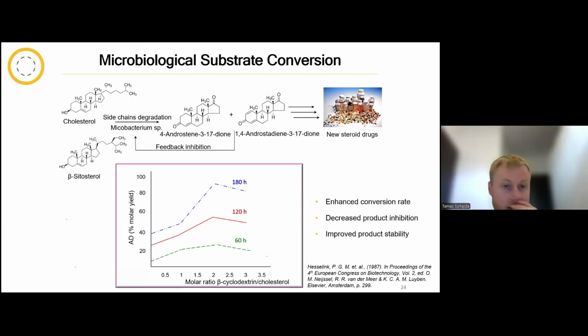So how are cyclodextrins used in other biotech processes? These examples use cyclodextrins as additives, so not as components of the final product or components of the formulation, but like boosters of the production, so that the yield, the outcome of the process is better and improved.